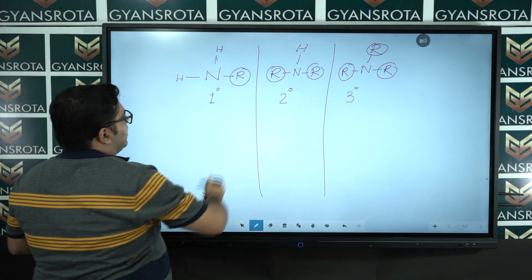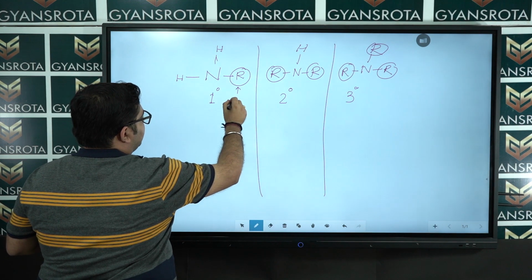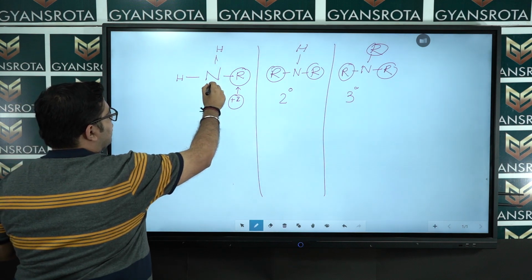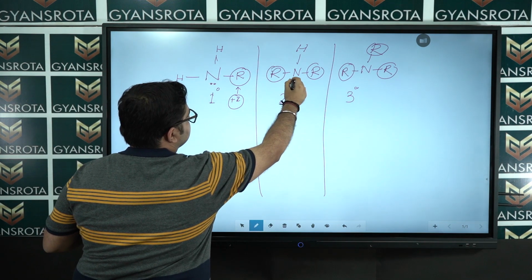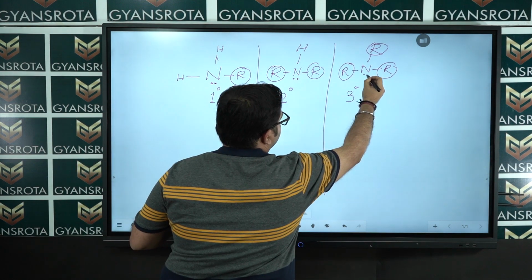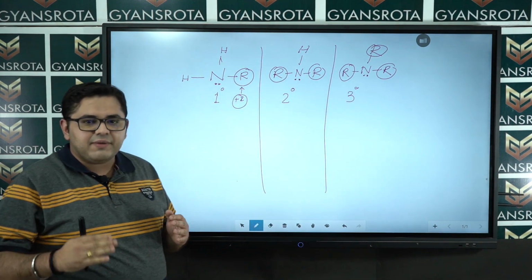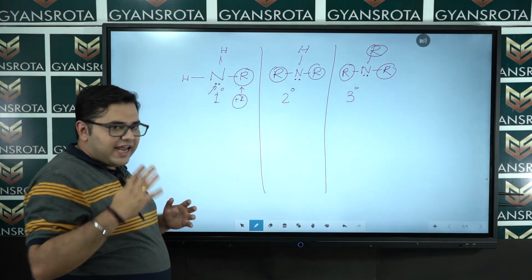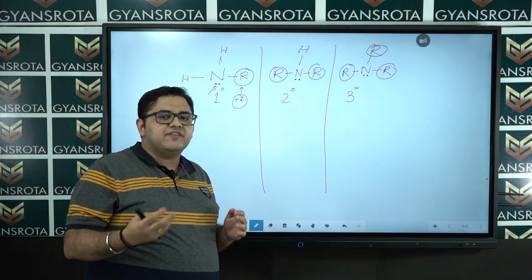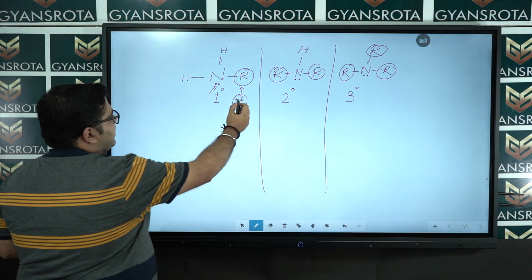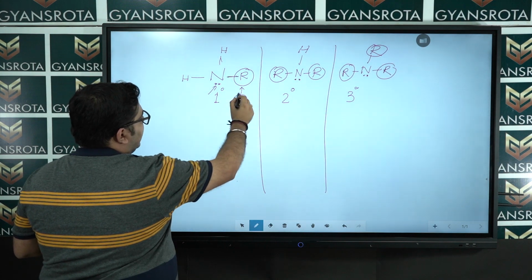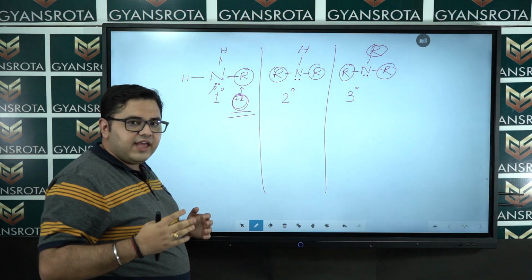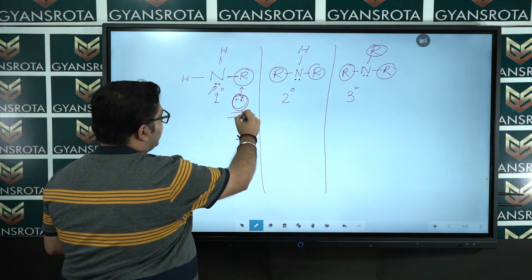Now, these alkyl groups are the plus I groups, and nitrogen has its own lone pair. Basic strength is basically explained by the lone pairs. When these lone pairs are easily available, then that compound is more basic in nature. Plus I groups are the electron rich groups, or we can say they are the Ambanis of your organic chemistry.